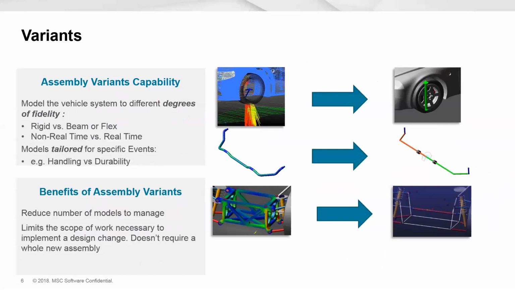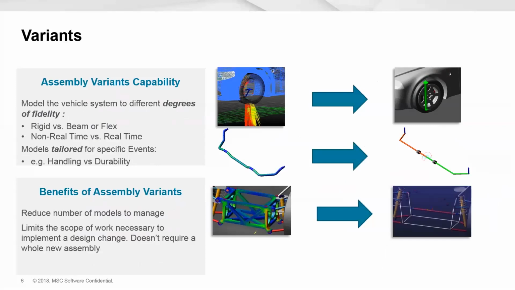Assembly variants also allow you to model vehicles to different degrees of fidelity. For example, if you typically have a fully rigid model, and you then create a beam version of that model, or a flex body version, they would in the past have needed to be three separate assemblies. Well, now those could be variants in the same assembly.